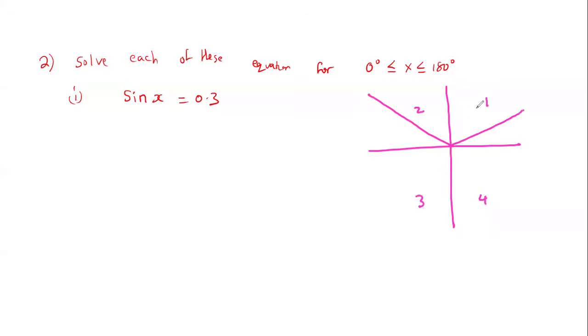Now, number 2, we are going to get the reference. Members, can you get your reference angle? This is sine inverse of 0.3. When writing the reference angle you write it to 1 decimal point, but in some books you can write to 2.